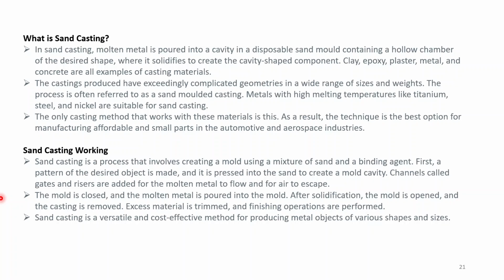The mold is closed and the molten metal is poured into it. After solidification, the mold is opened, the casting is removed, the excess material is trimmed and finishing operations are performed. Sand casting is a versatile and cost effective method for producing metal objects of various shapes and sizes.